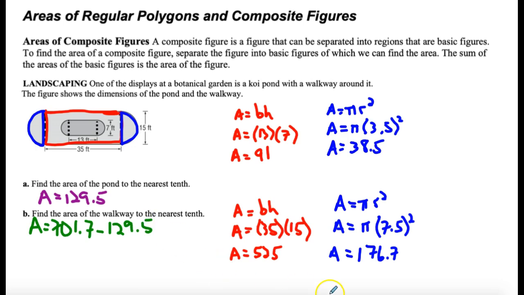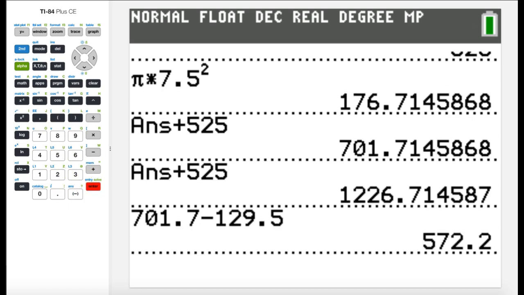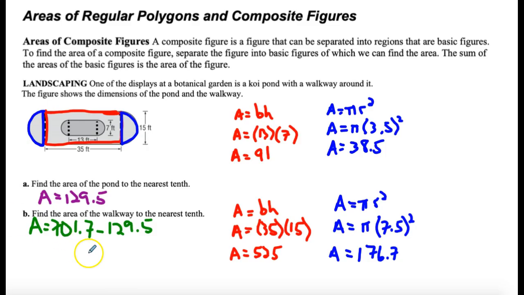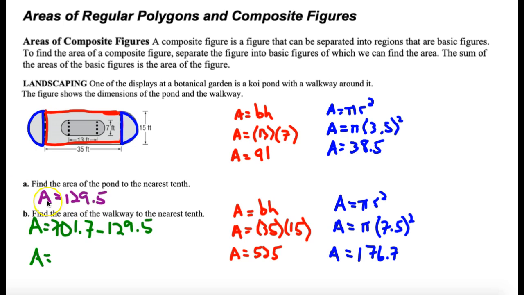So 701.7 minus 129.5 is 572.2. So the actual area of the walkway is 572.2. And that is square feet.